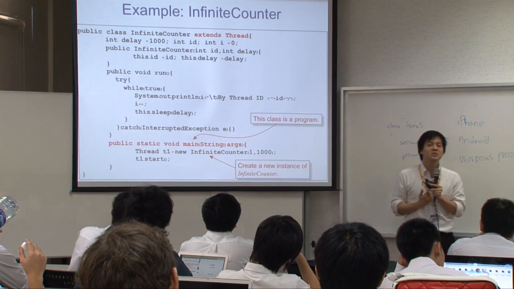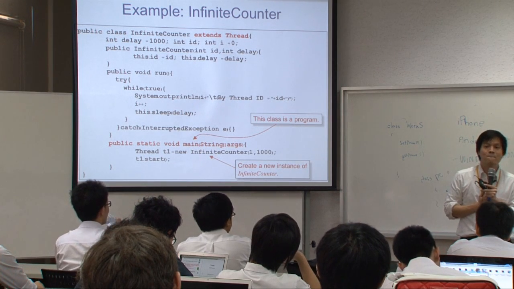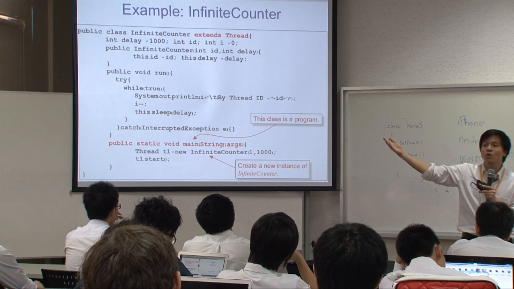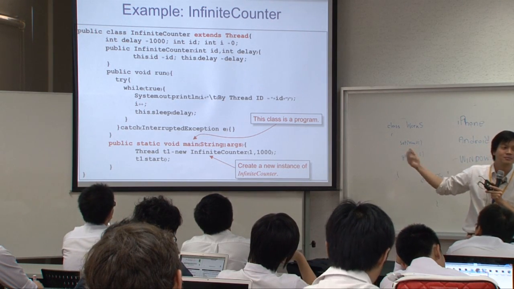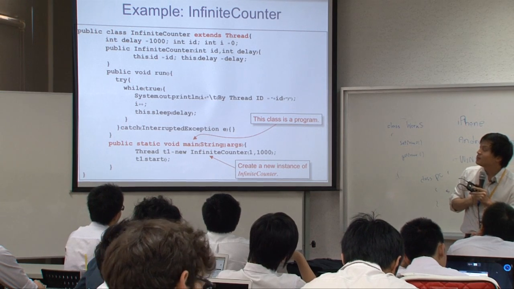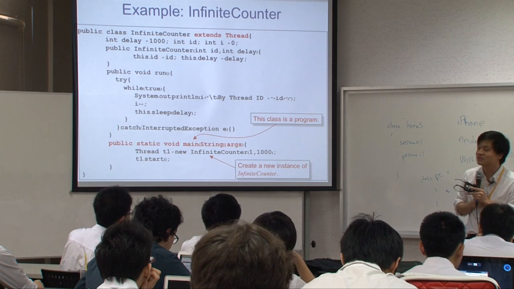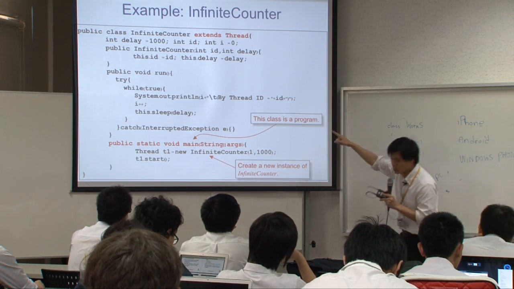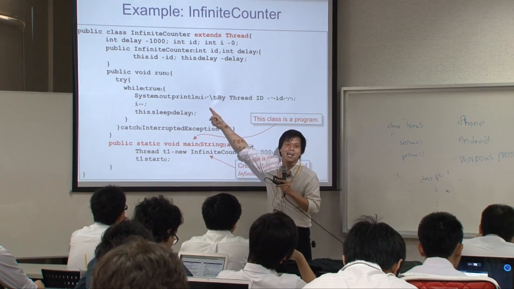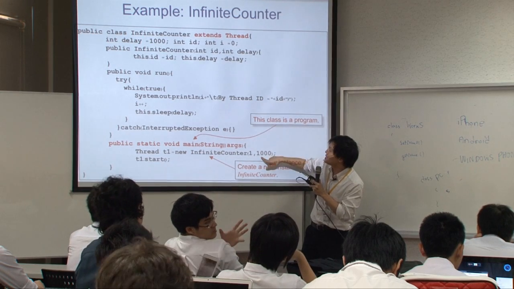So from this code, what do you think you see when we execute this program from the console? What do you see? Well, you can guess from the name, right? It's just an infinite counter for something. It just prints out the value of variable i on screen, right?